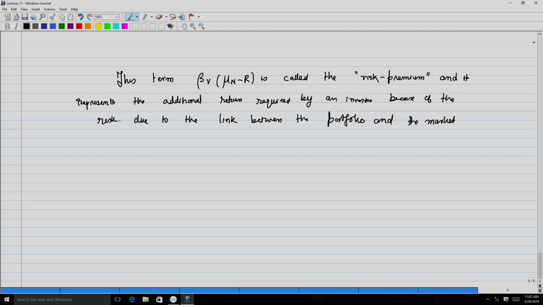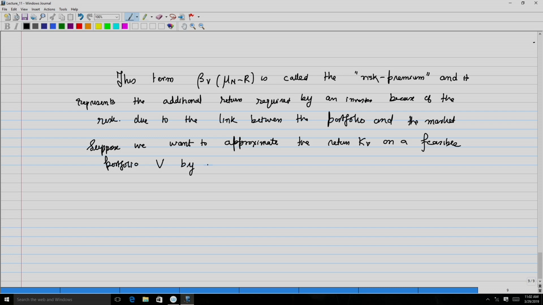Okay. So, now suppose we want to approximate the return k v on a feasible portfolio V by a known function beta into k m plus alpha.